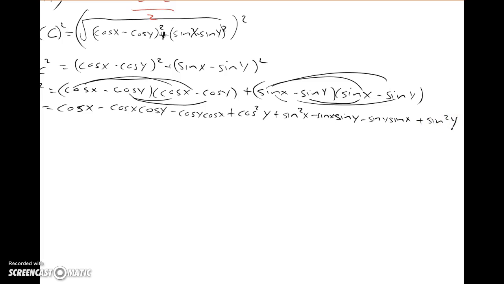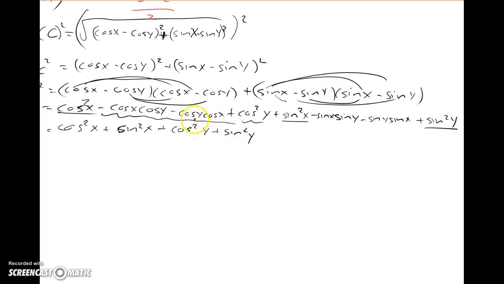Okay, so I'm going to just rewrite some of these. So I've got cos squared x plus sin squared x, and I've got cos squared y plus sin squared y, and then I've got those two, cos x cos y and cos y cos x.